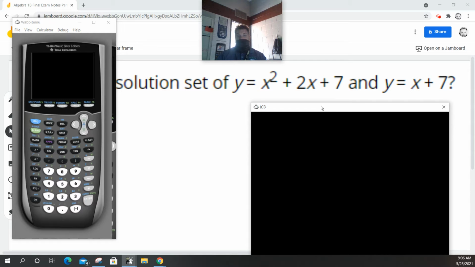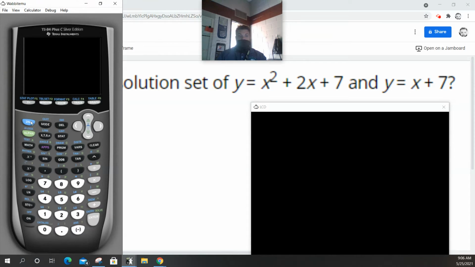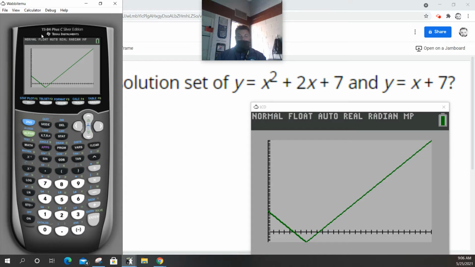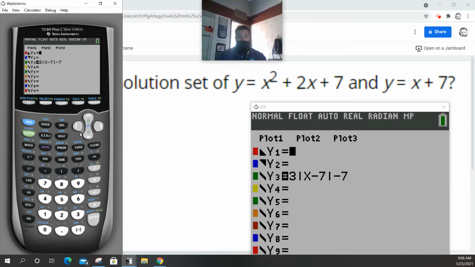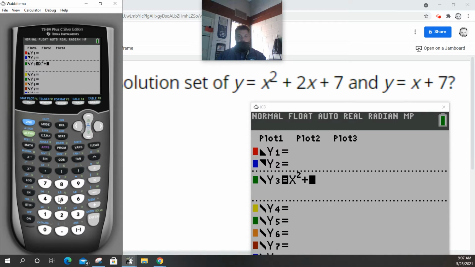So let's graph these bad boys. Turn on my calculator and go to y equals. I'm going to come down here and clear this out. The first one's going to be x squared plus 2x plus 7.